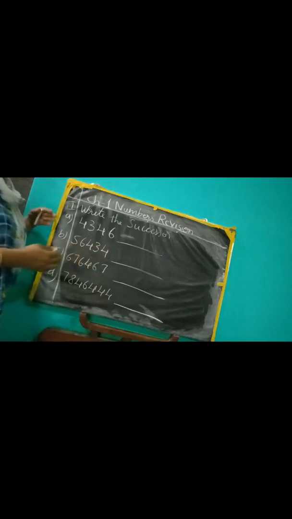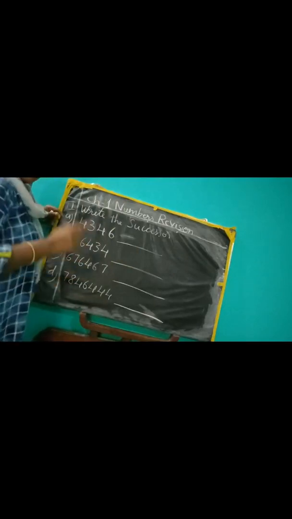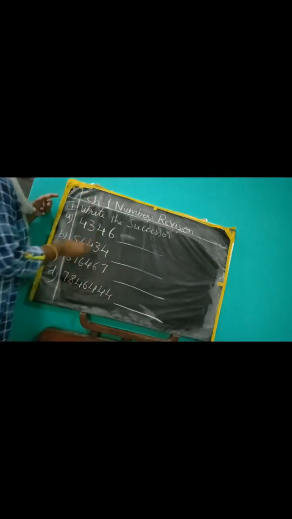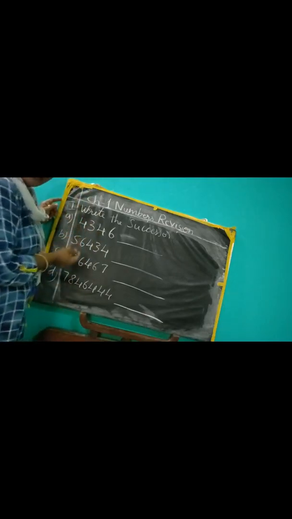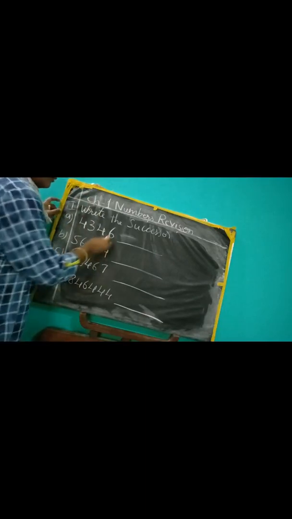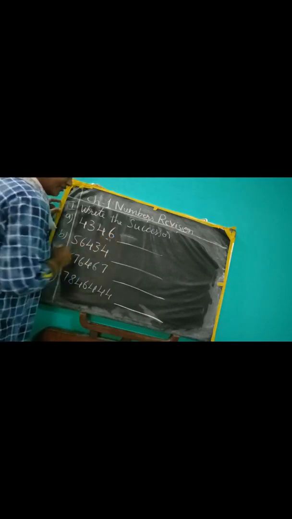Write the successor. Successor means what? The next number after the number. Successor means what you have to do? You should add 1 to these numbers. Where will you add 1? In the thousands place, hundreds place, or ones place? Yes, in the ones place you should add 1.